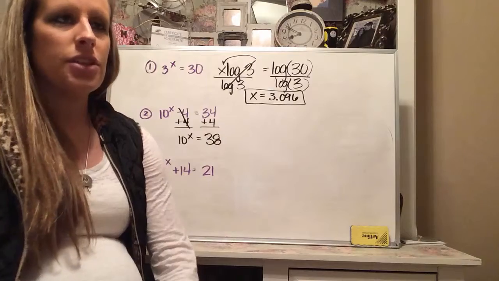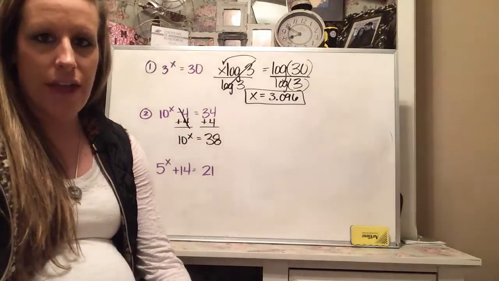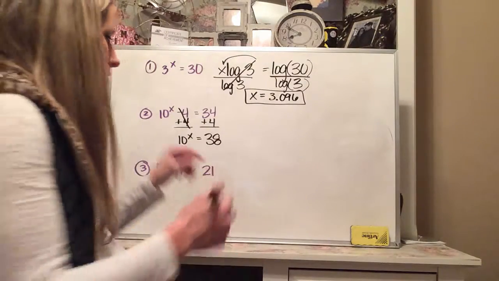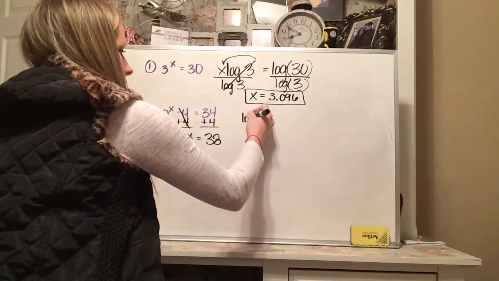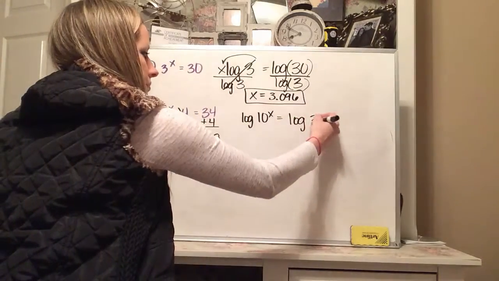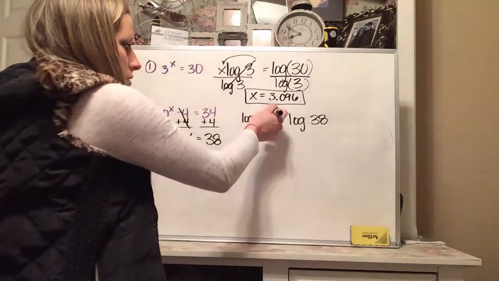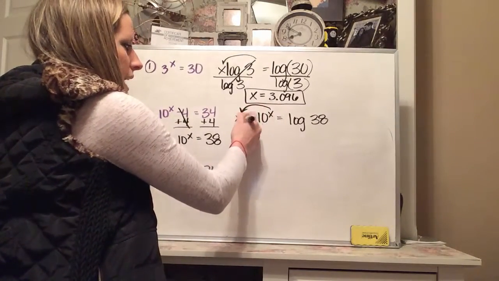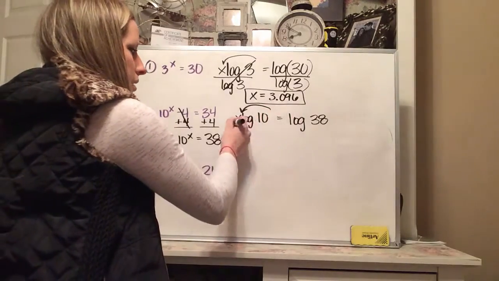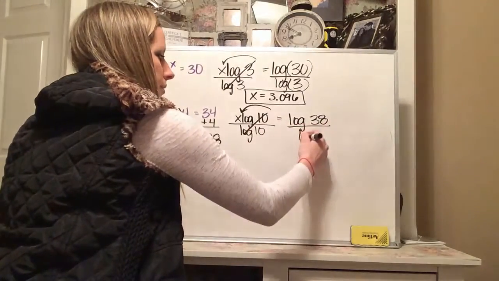There's not a whole number exponent that would give us 38, right? So what we can do is take the log of both sides. So log of 10 to the x power equals log of 38. I'm going to move that x in the exponent to the beginning. So I have x log of 10 equals log of 38. Divide by log of 10 to get x by itself.